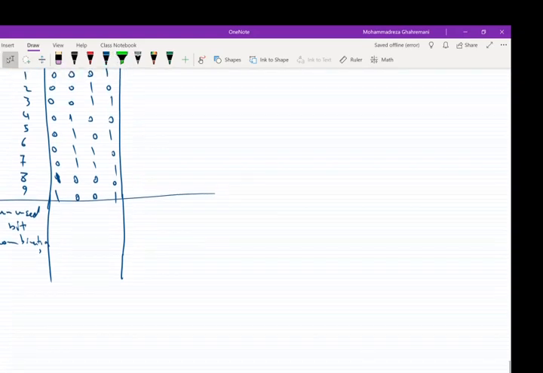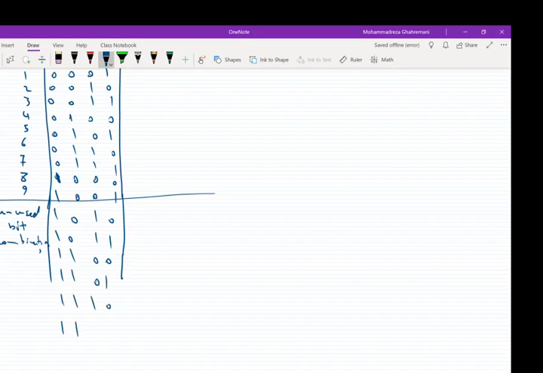The rest of the possible inputs that never occur are 1010, 1011, 1100, 1101, 1110, and finally 1111. So these last combinations are not going to occur.